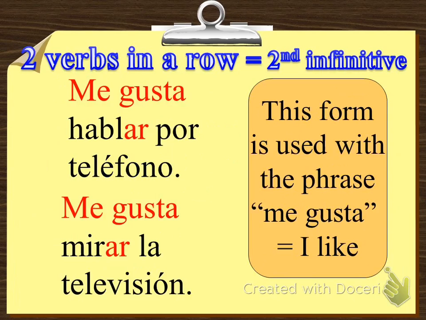We're going to talk more about this verb later. But the first example, me gusta hablar por teléfono. I like to talk on the phone. So I like, and then to talk, not conjugated. I'm not actually talking. You're just making the first verb agree with the subject. Second verb stays in its infinitive form or unconjugated.